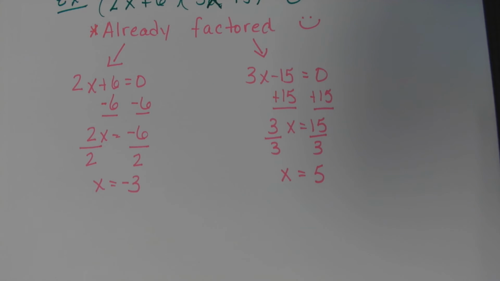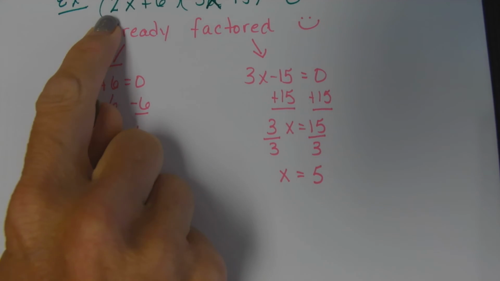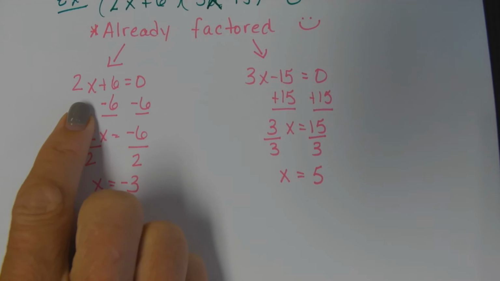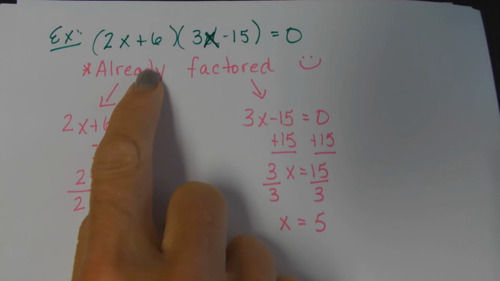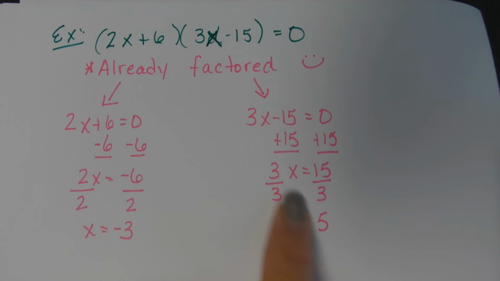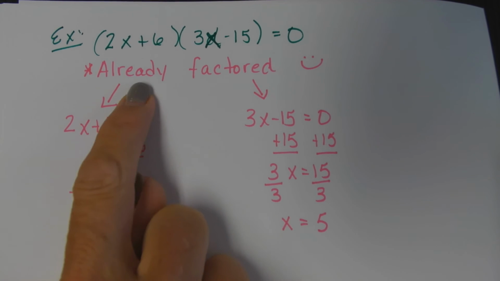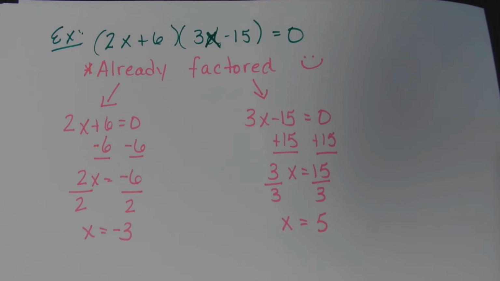Zeros, x-intercepts, roots. All those mean the same thing. If you use FOIL and got your trinomial, it would touch the x-axis at negative 3 and 5. It's the same stuff. We're just not graphing, we're factoring. This one was easier because it was already factored.